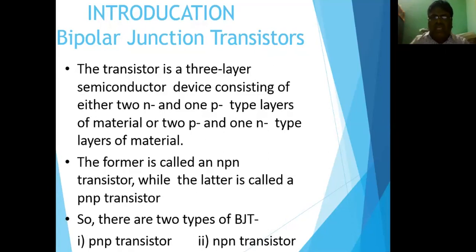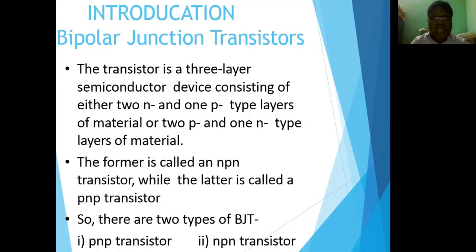In a transistor, you are using two diodes. Every diode consists of an N-type and a P-type semiconductor, and like that another diode. So two diodes are required for the construction of the transistor.